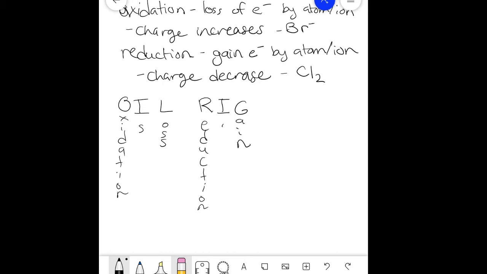That helps. I like to think about it as oxidation is an increase in your charge, and reduction is reducing your charge. There's also LEO GER, which is basically the same thing in the opposite order: loss of electrons is oxidation, gain of electrons is reduction. Whichever one is going to help you remember it is your choice.